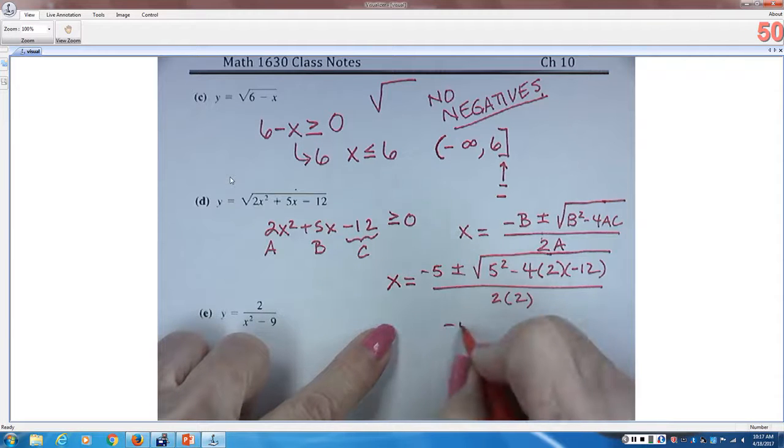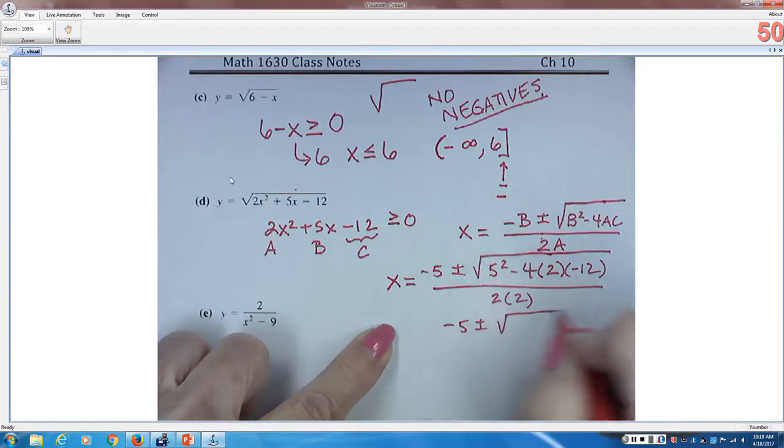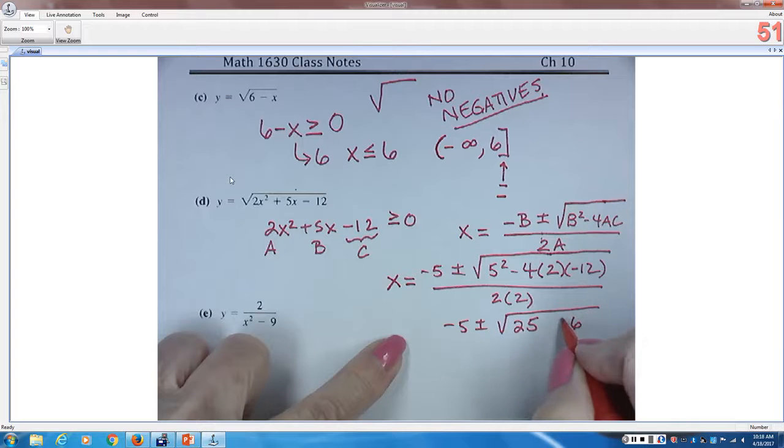So that's negative 5 plus or minus the square root of 25. Let's see, 2 times 12 is 24, and 24 times 4 is 96, I think.